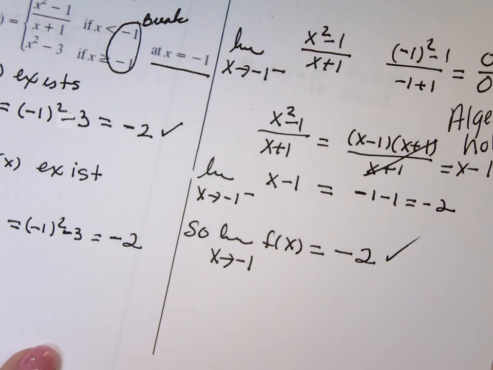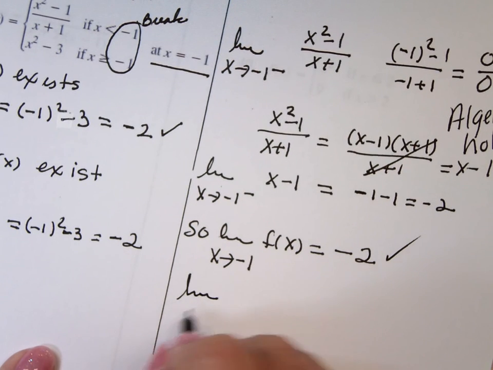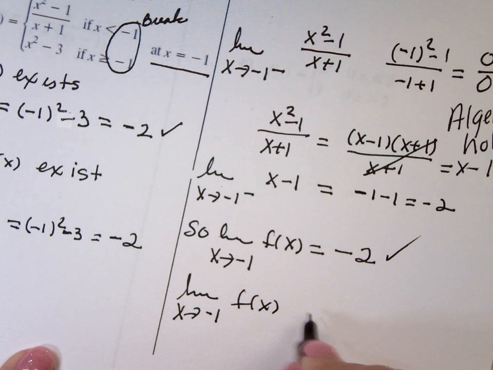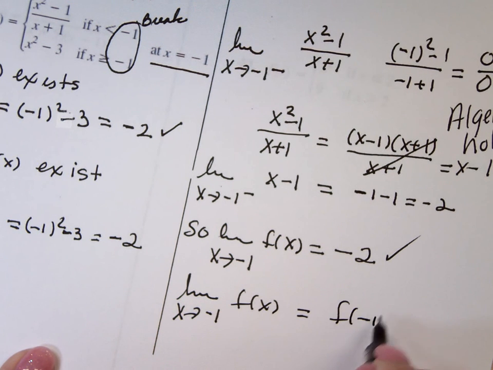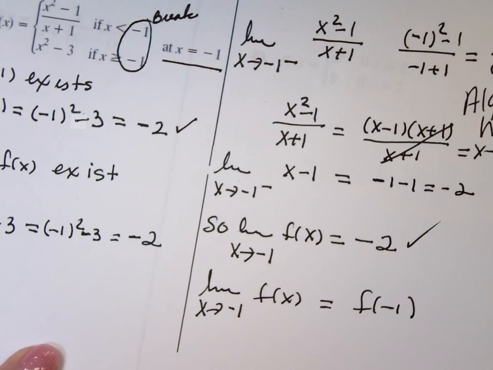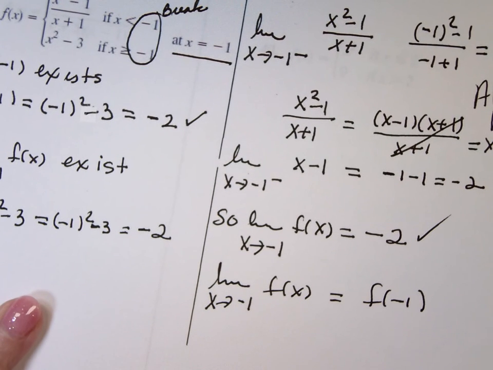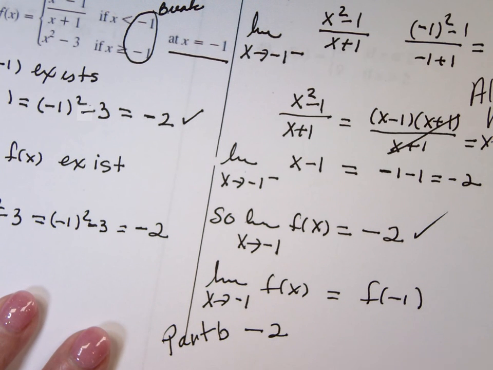Okay. So we're looking at, does the limit as x approaches negative 1 of f of x equal f of negative 1? Well, the limit we found was negative 2. This is part B. f of negative 1 was what? Also negative 2.